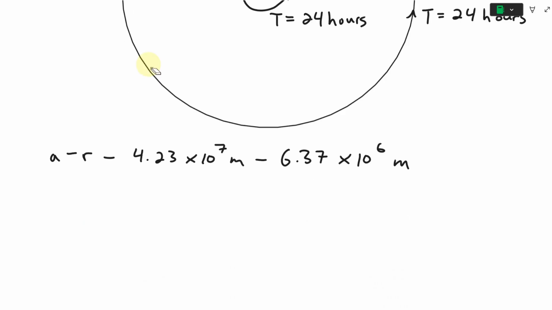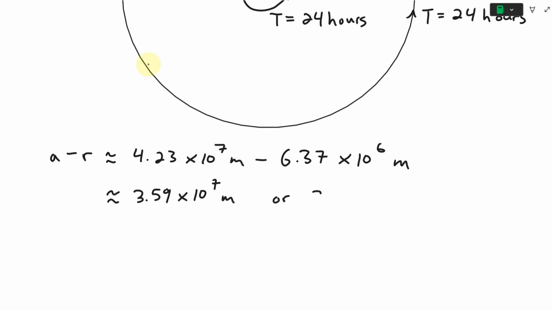And this is going to be approximate because we're using rounded numbers. So when you plug this into the calculator, you get approximately 3.59 times 10 to the power of 7 meters. Then divided by 1,000.